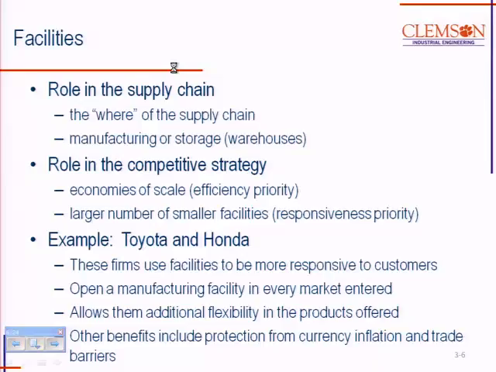Some even to the point when there's a downturn in the economy, they can basically produce different types of vehicles in some of these different facilities based on what the demands of the customers are. And there are some other benefits that come from having facilities in multiple countries, of course, that help them be protected against currency inflation and trade barriers.